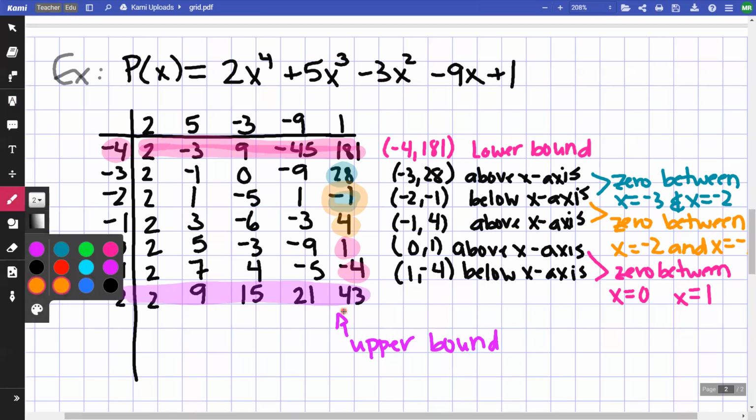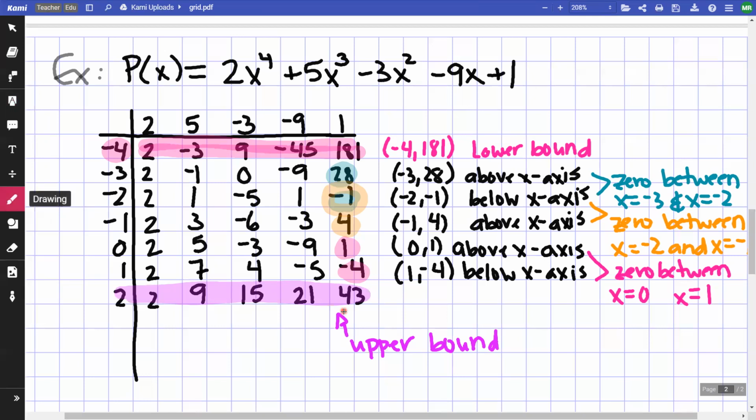Does anyone notice anything? I just write my point out. So this point is 2, 43. So I was above, below. Here, there was a 0. I was below, and then above, 0. I was above, below, 0.